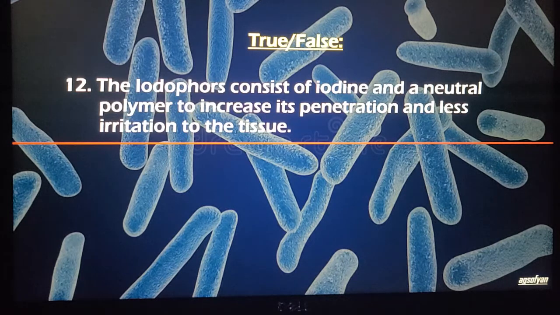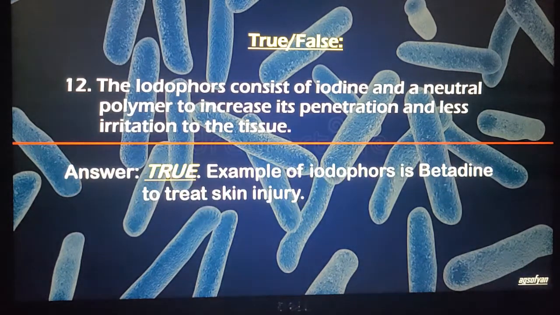Number 12. The iodophores consist of iodine and a neutral polymer to increase its penetration and less irritation to the tissue. True or false? Give your answer. Yes, it is true.